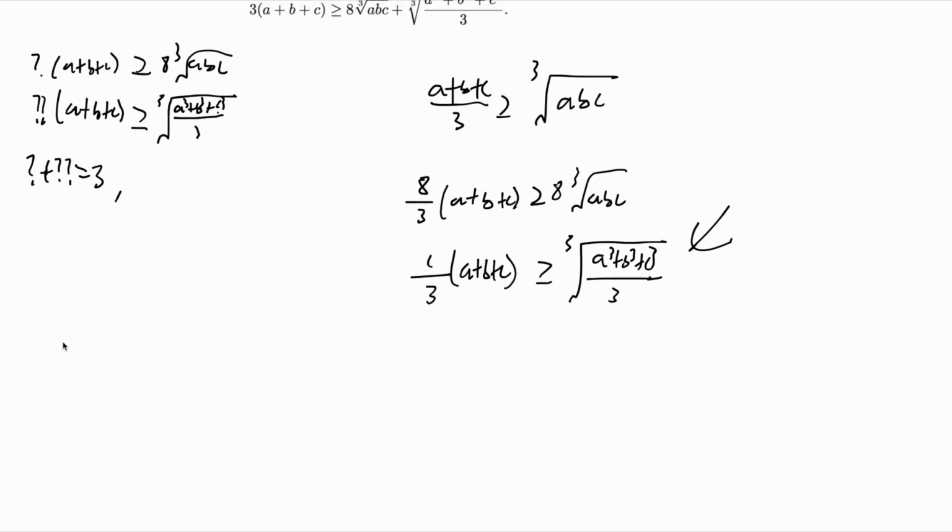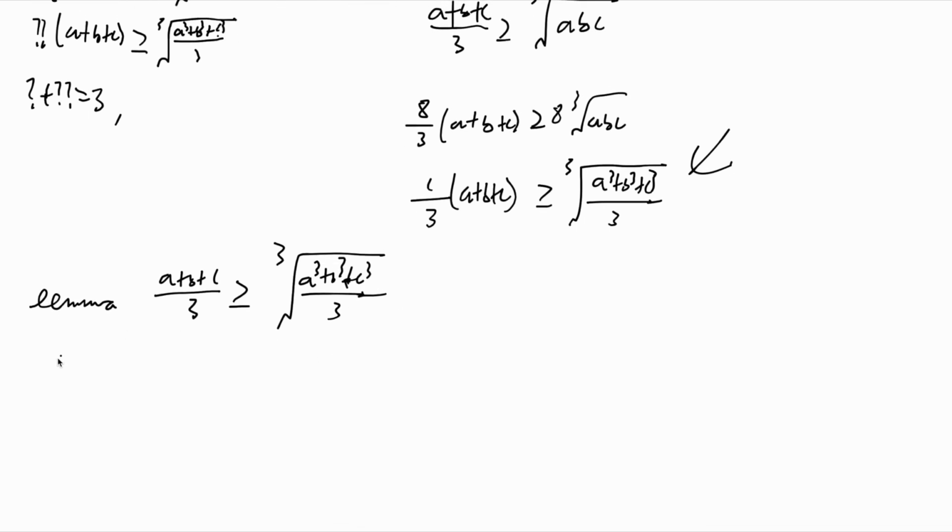So let's write our lemma here. Our lemma is that a plus b plus c all over 3 is greater than or equal to the cube root of a cubed plus b cubed plus c cubed.